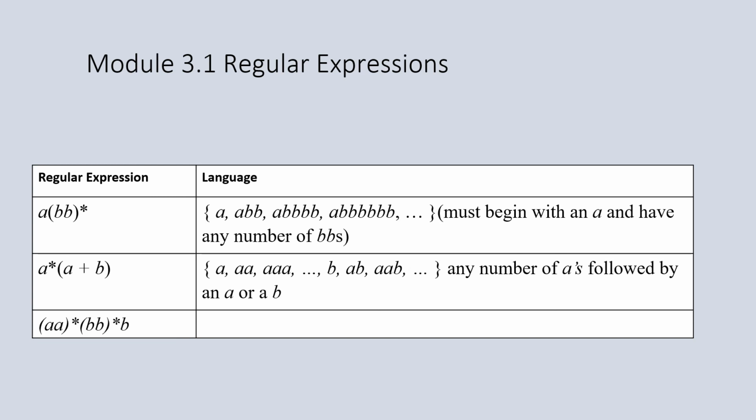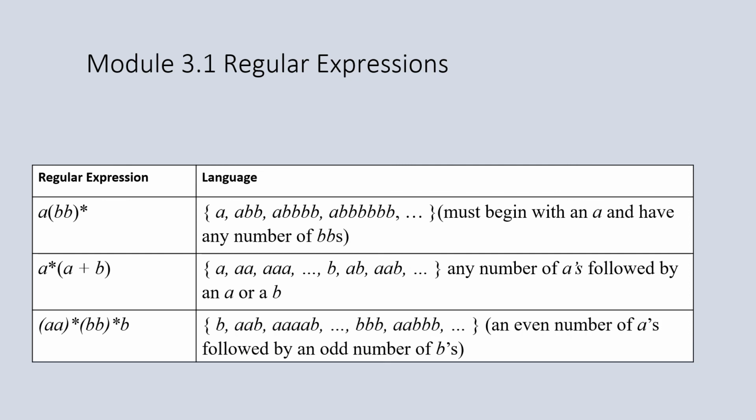All right, this is any number of AA's, followed by any number of BB's, and followed by a B. So this string must end with a B. It has at least a B in it because the B does not have a star next to it. So the empty string is not part of this language.